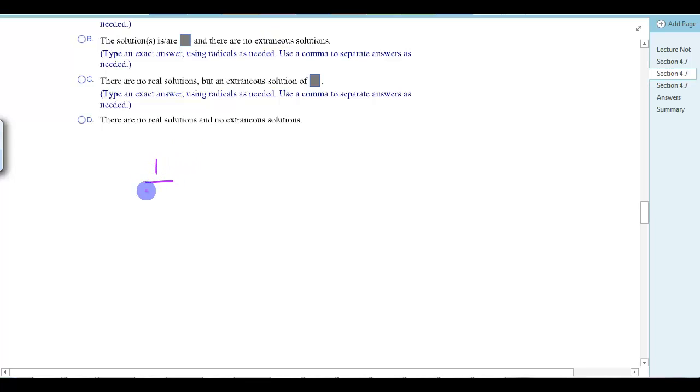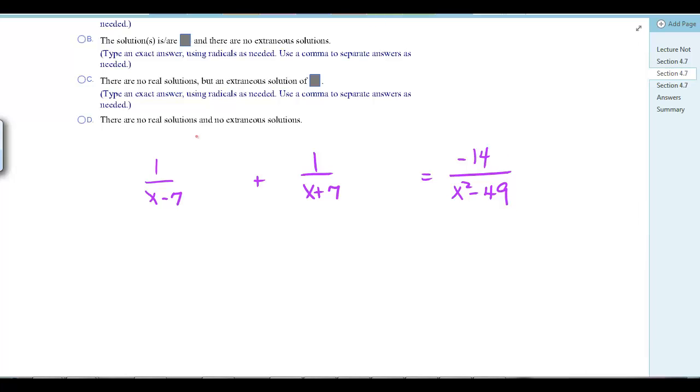So let's move down, get some room, and work this problem. All right, so we had 1 over x minus 7 plus 1 over x plus 7 equals negative 14 over an x squared minus 49. And my LCD was the x plus 7, x minus 7.